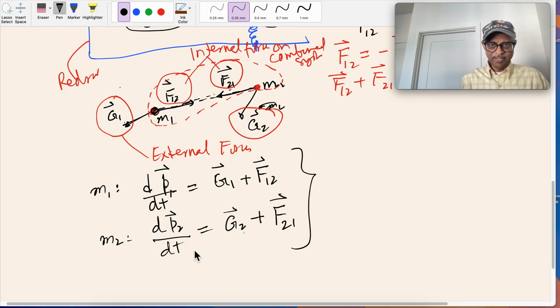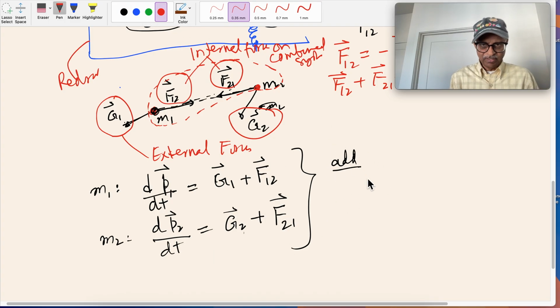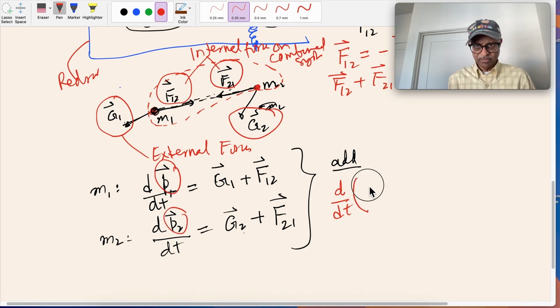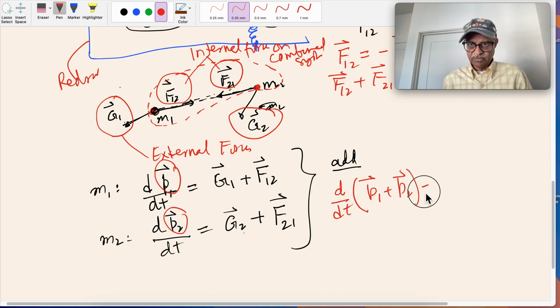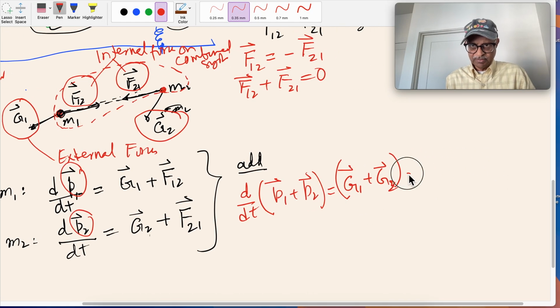Now if I add these up, on the left side I get d/dt of p1 plus p2, and then the external forces you can combine in a vector way, plus F12 plus F21.